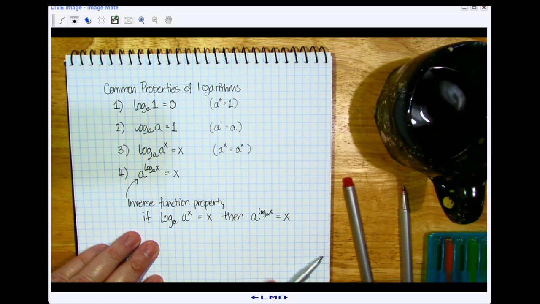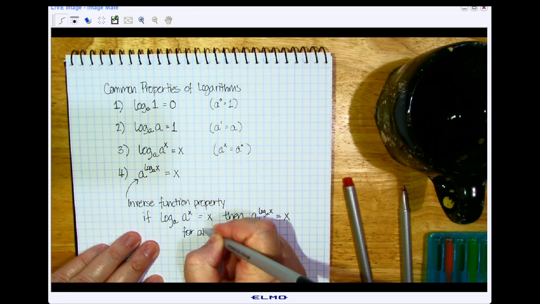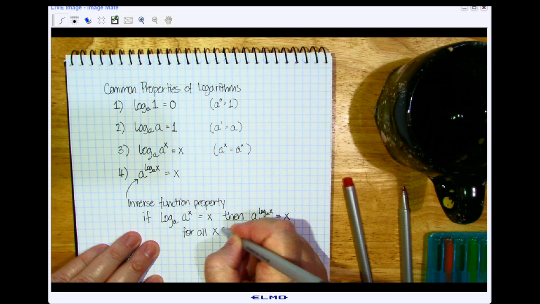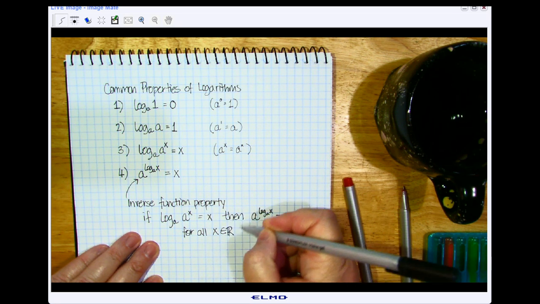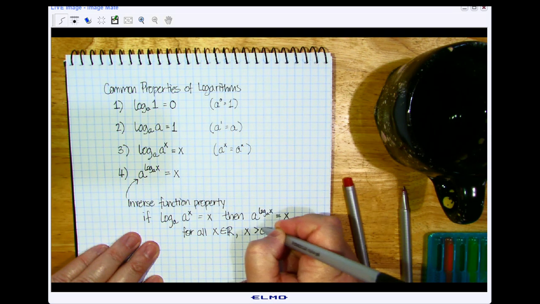This is true for all real numbers, and for x's greater than 0.